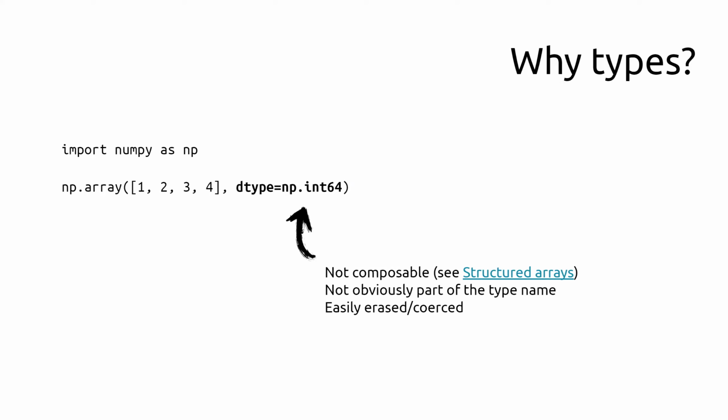And also this type specification is not as easily composable. It's very difficult to specify, for example, an array of pairs of things. If you want to do that, you probably have a better time trying to come up with a two-dimensional array or two different arrays that have the same length or something like that.